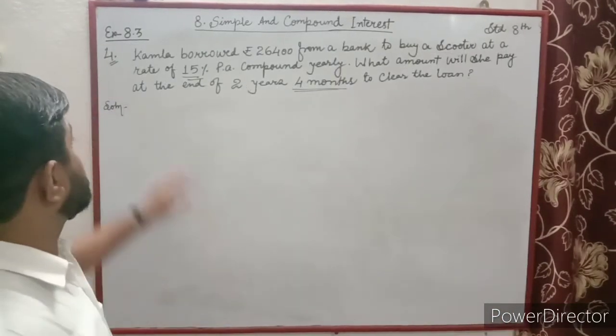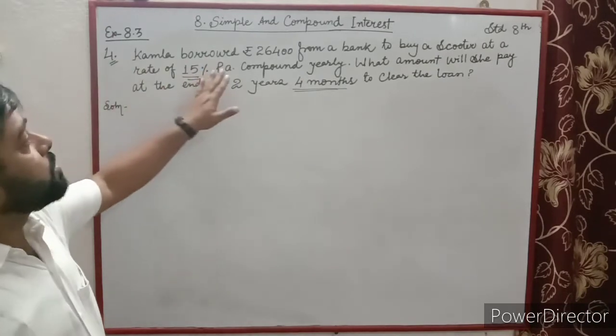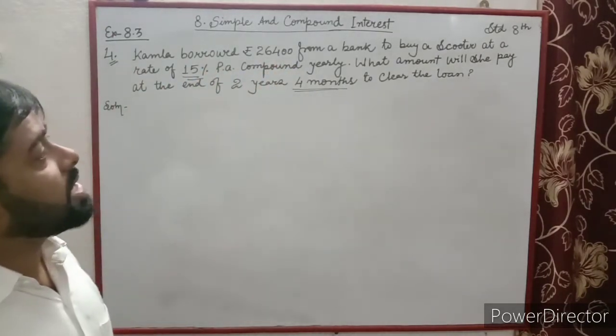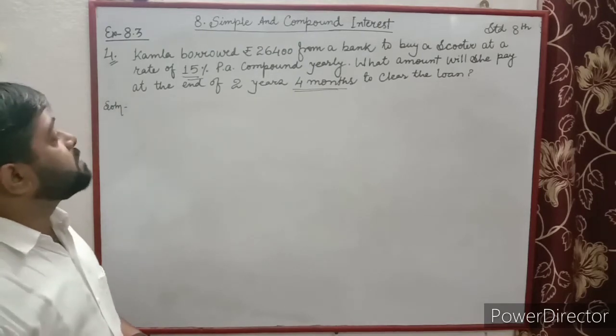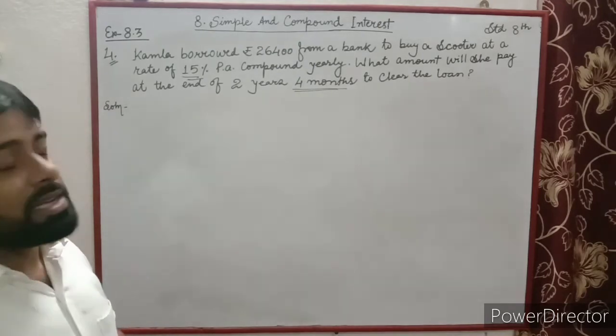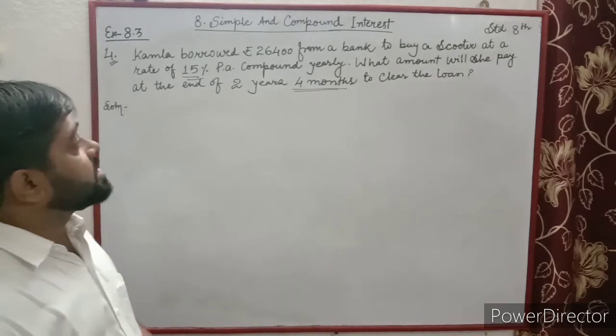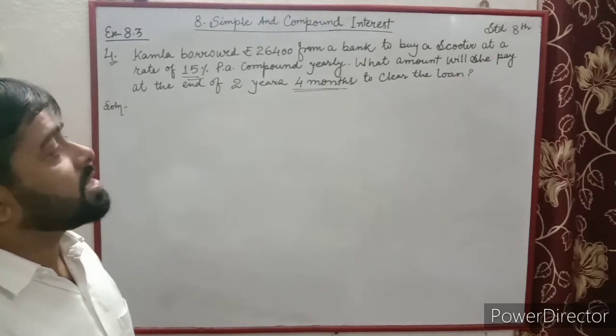One more question. Question number 4. Kamla borrowed 26,400 rupees from a bank to buy a scooter at a rate of 15% per annum compounded yearly. What amount will she pay at the end of 2 years, 4 months to clear the loan?